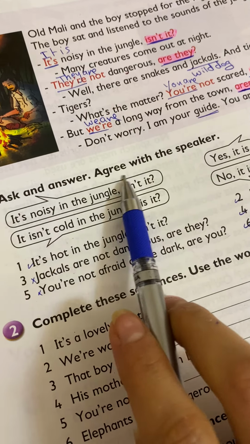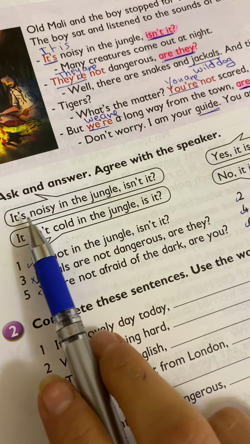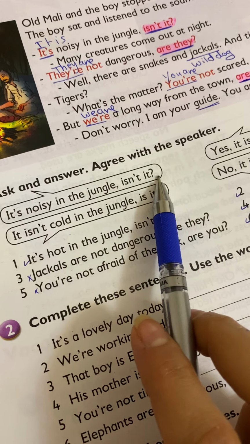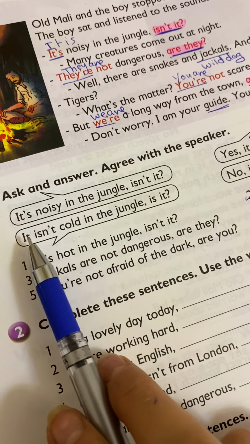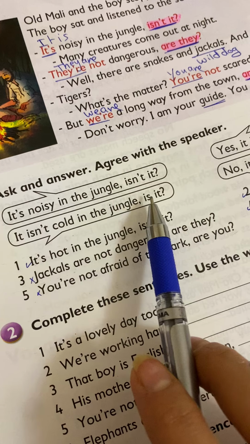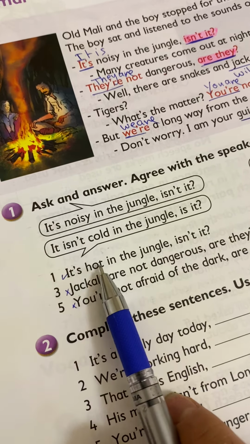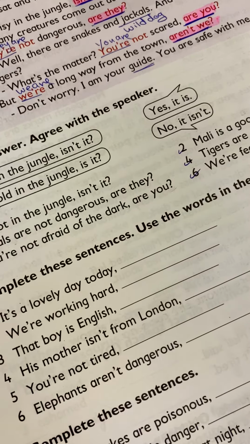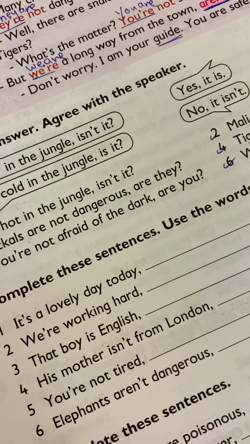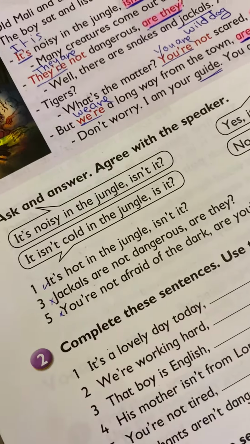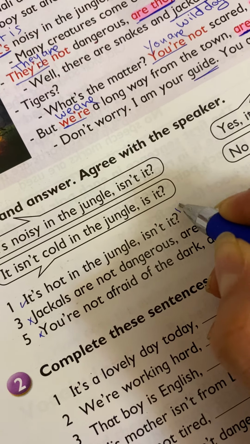Ask and answer. Agree with the speaker. It's noisy in the jungle, isn't it? Yes, it is. It isn't cold in the jungle. It is. No, it isn't. Okay, look at this. It's hot in the jungle, isn't it? Answer with yes.